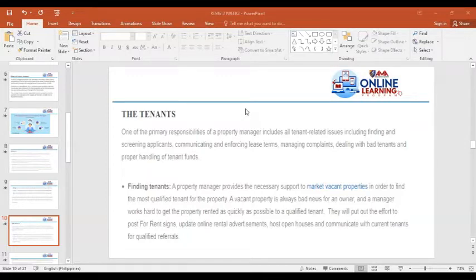So in finding tenants, kailangan the property manager should conduct a background investigation with regards to these tenants.